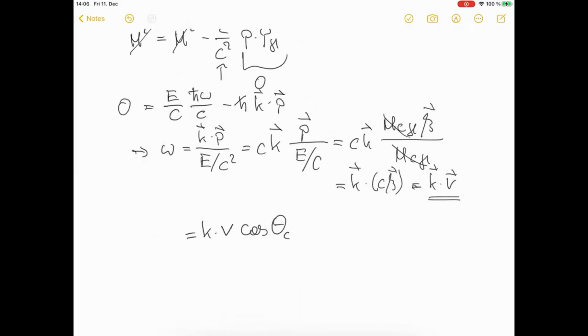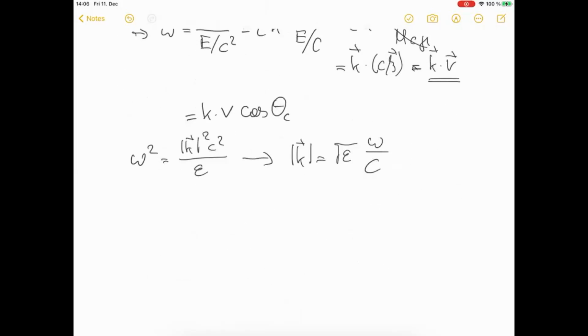Nevertheless, we now have an expression of omega in terms of the angle, and we can now relate this to our dispersion relation. Omega squared is k squared c squared over epsilon, and therefore the wave number is square root of epsilon times omega over c.